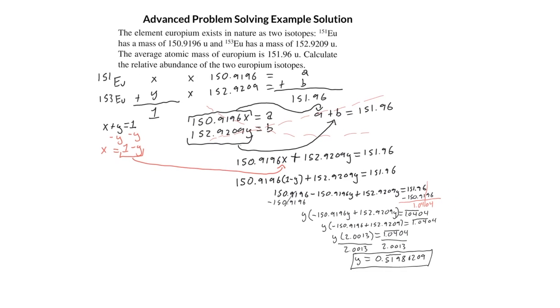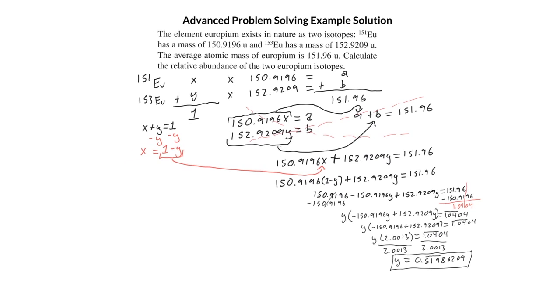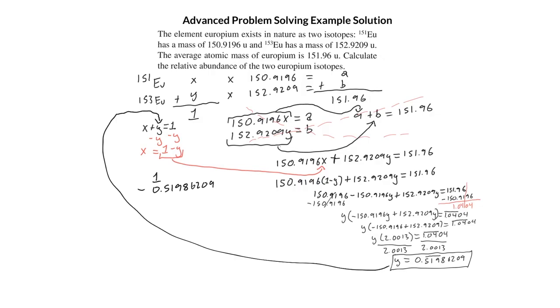Take that value all the way up to our original equation here, and we're just subtracting it from 1 to get x. 1 minus 0.51986209.